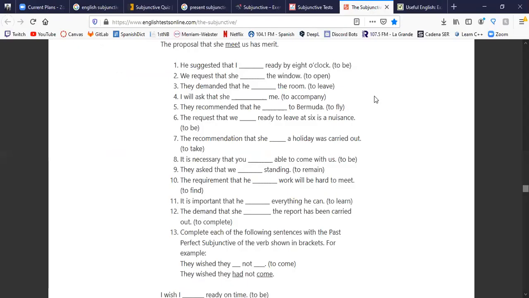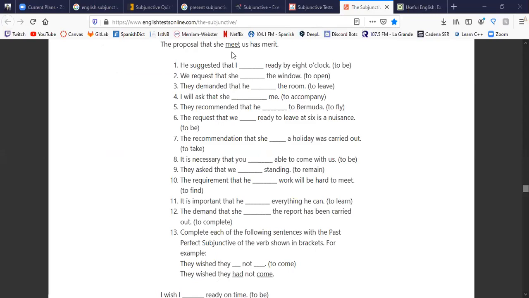Okay, so first, there was a quiz I had ready. Now that we have a basic idea of the subjunctive, no, actually, wait, before we do that, let me just recap what I said about choosing the right form.